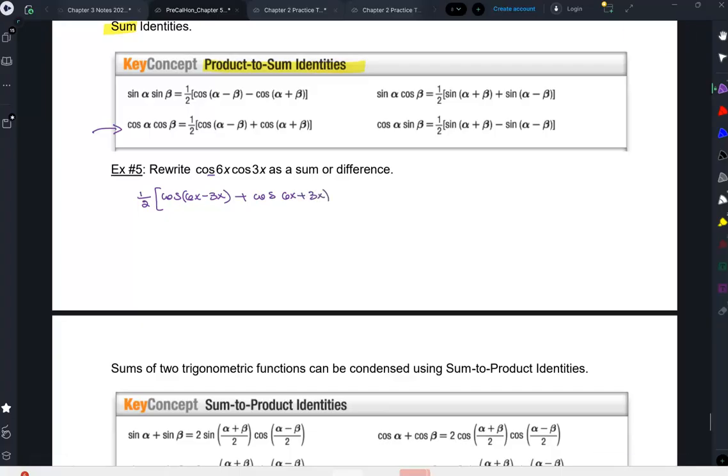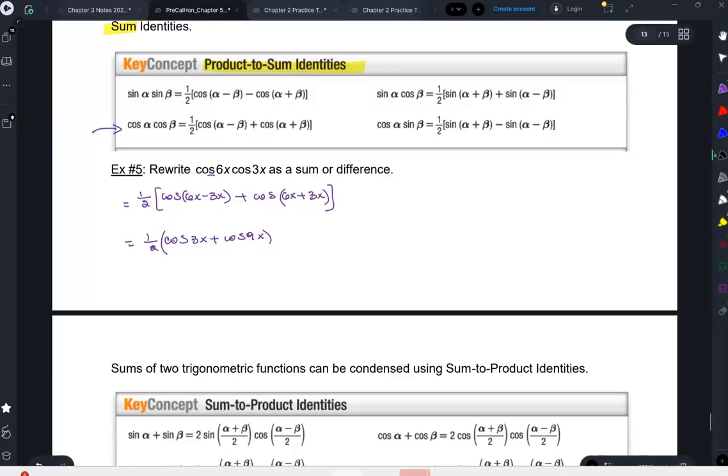So this is 1/2 in parentheses cosine 3x plus cosine 9x, and that's it. You're done. You cannot divide the 3 and the 2, remember, they're outside.